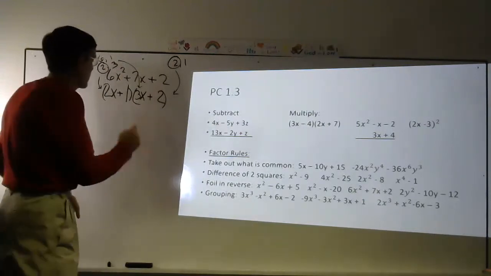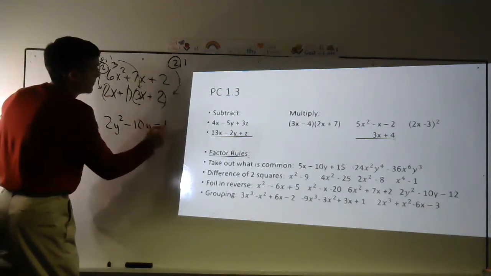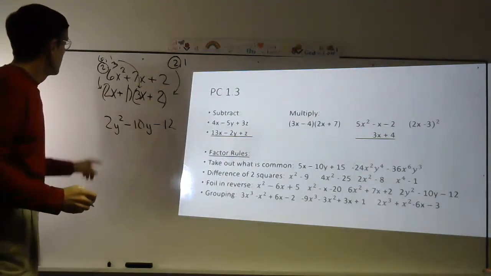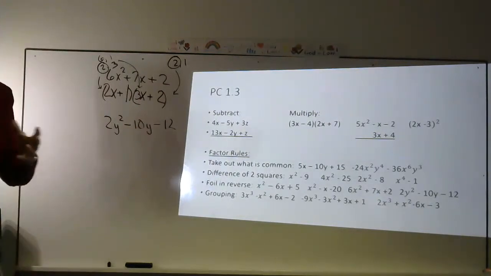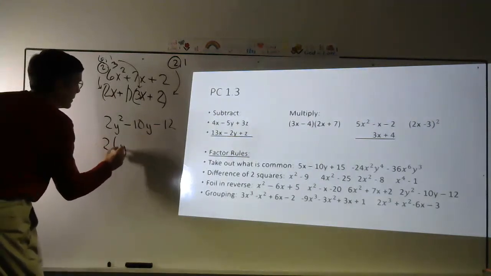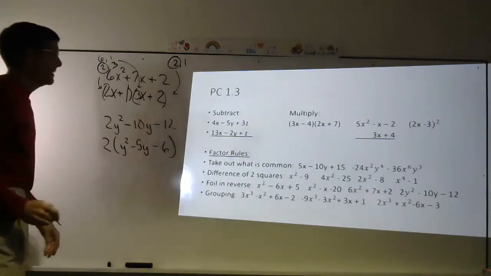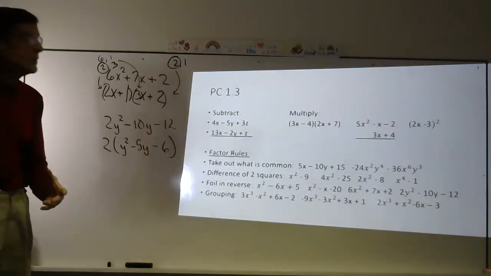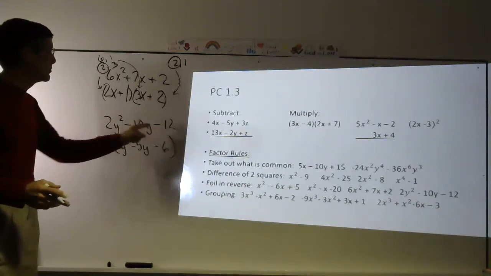The last one is another one just like this. Okay? Aha! Whoa! We have something common. A 2. Take a 2 out. Y squared minus 5y minus 6. If you didn't take that 2 out, you would be trying to find combinations of factors that subtract to give you 10.